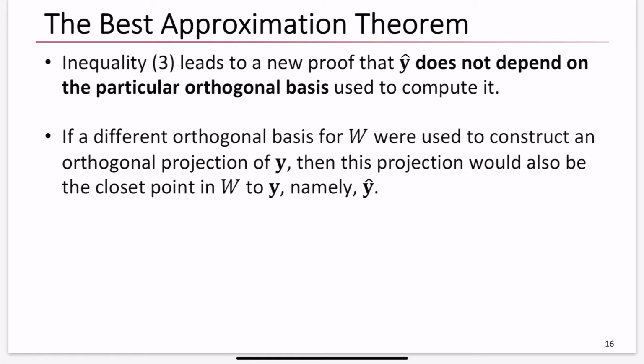leads to the new proof that y hat does not depend on the particular orthogonal basis used to compute it. If a different orthogonal basis for W were used to construct the orthogonal projection of y, then this projection would also be the closest point in W to y, let's say double star.